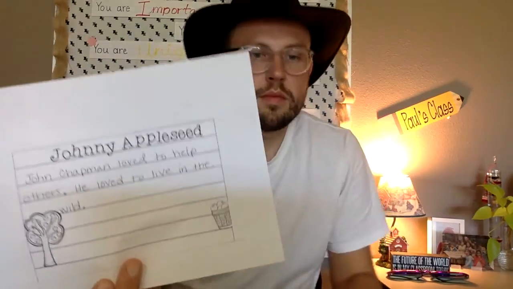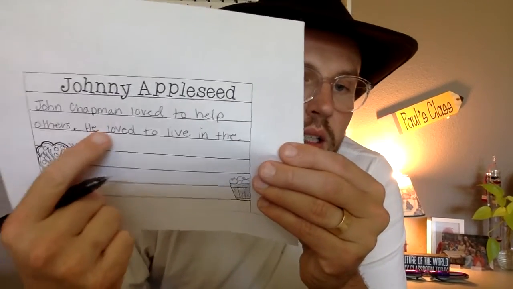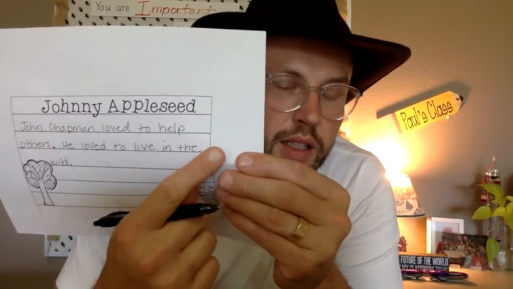Okay, so he, space, loved, space, to, space, live, space, in, space, the, space, wild. And that's the end of our sentence, so we put a period at the end. He loved to live in the wild.